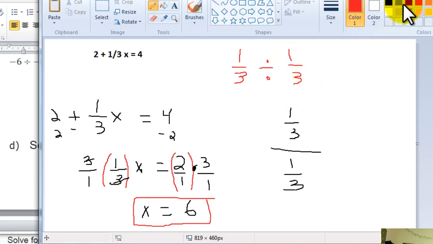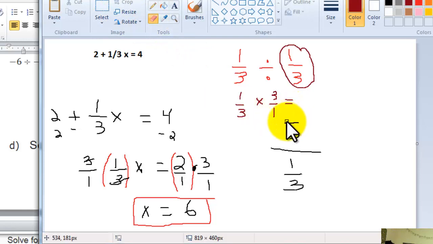And what happens is, of course, you change division to multiplication, multiply 1/3, and you flip the second fraction, 3 over 1. That's why, and that'll equal 1, as we saw. Move this, since you know what we're doing. That equals 1 because 3 cancels.